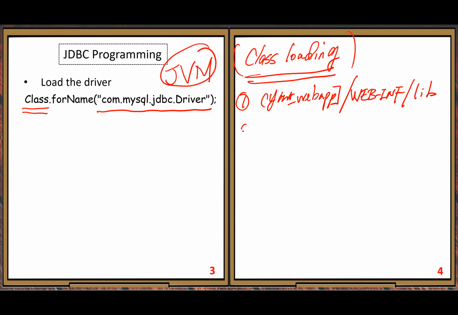The second location, the server Tomcat, lib. If you place it there, the JVM can go there and search for it. There is a third one.